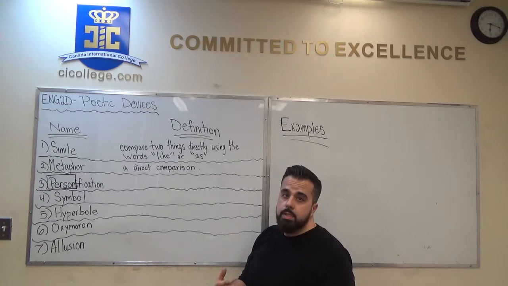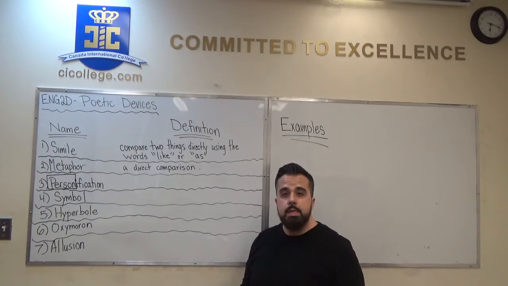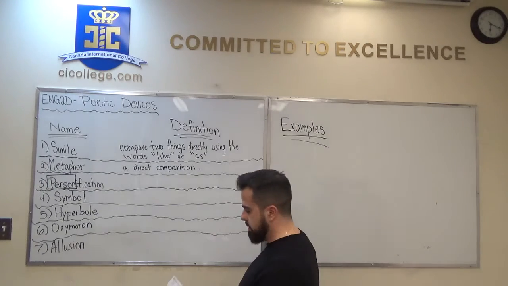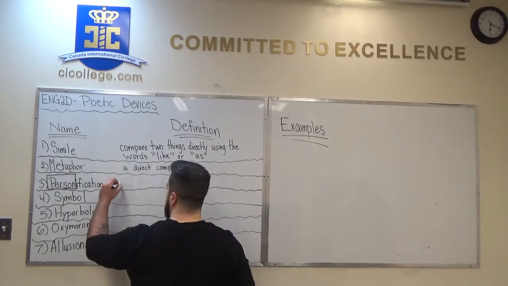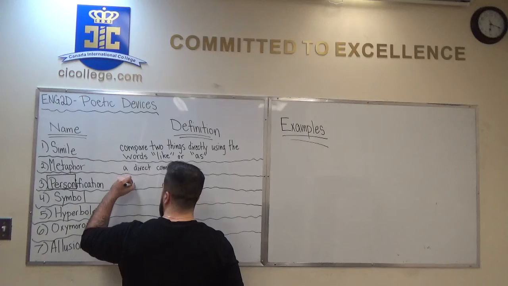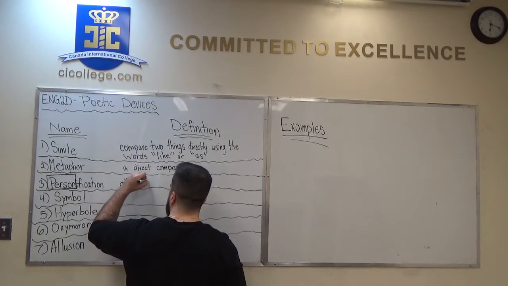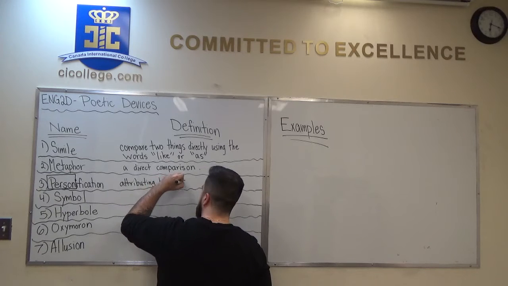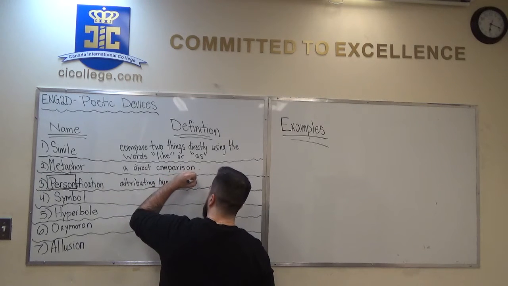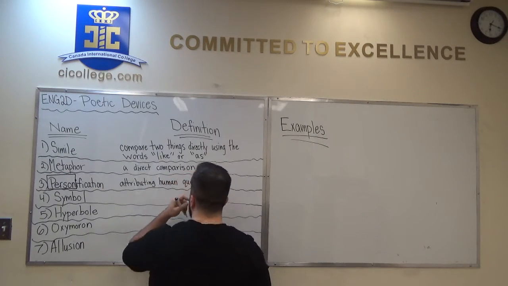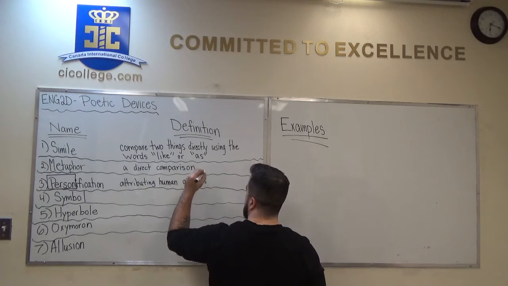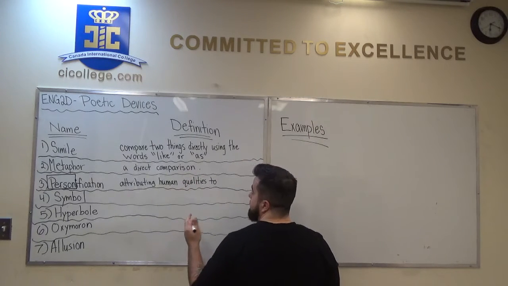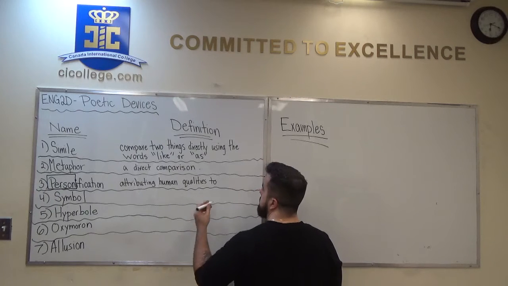That's called personification, giving human qualities to an object or an animal or something that is not human. That could be an object, an idea even, something that's not concrete.